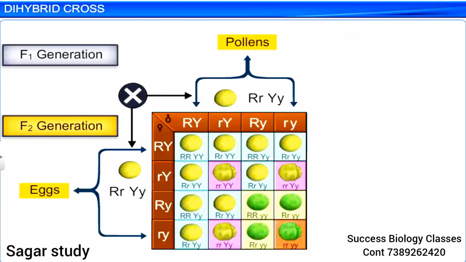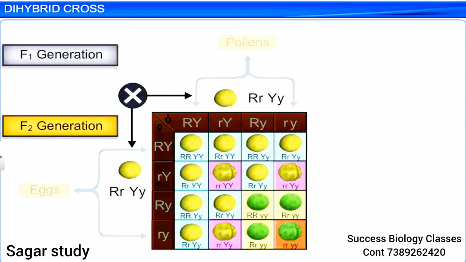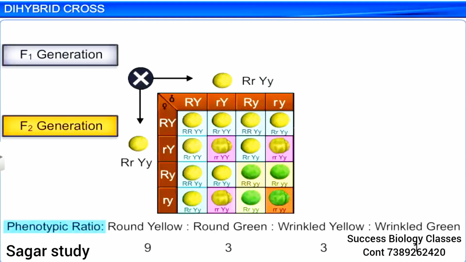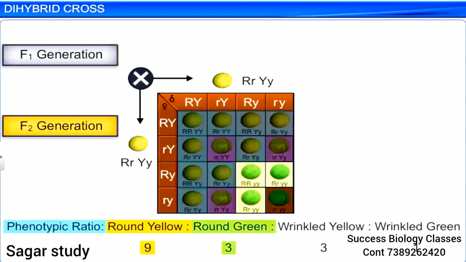Now, the allelic composition of the zygotes of the F2 plants can be easily obtained using the Punnett square as shown. As you already saw, there are four different types of phenotypes formed, and the phenotypic ratio is 9:3:3:1.